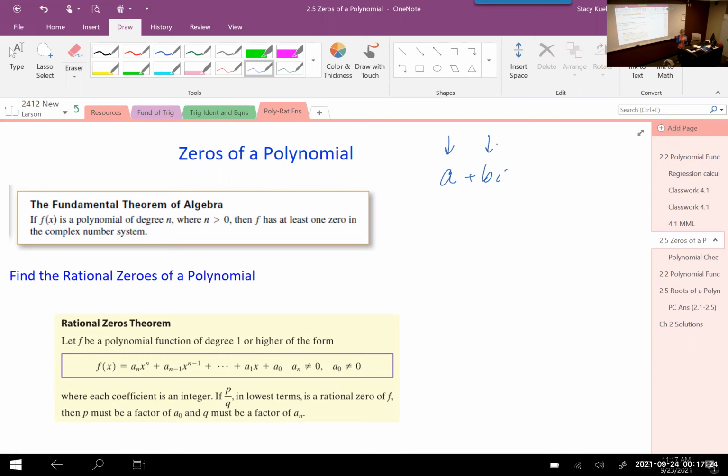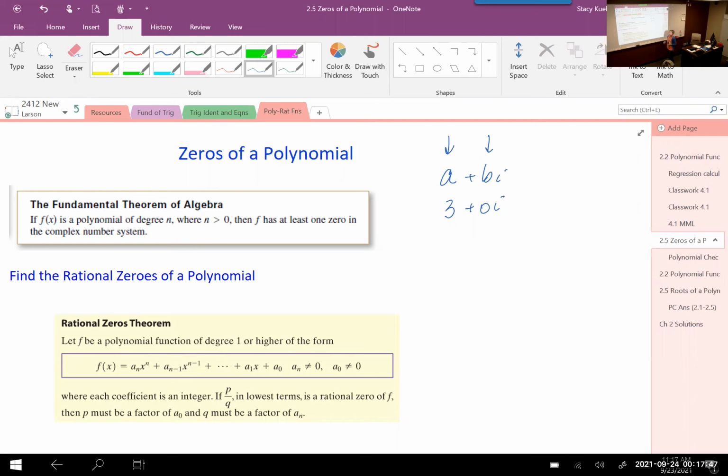Every real number that you can think of can be written as a complex number by just putting 0i next to it, okay? So all numbers are complex. We typically only look at the real numbers, okay?